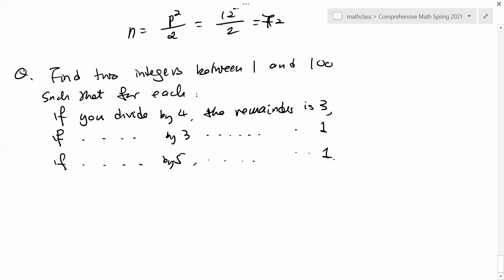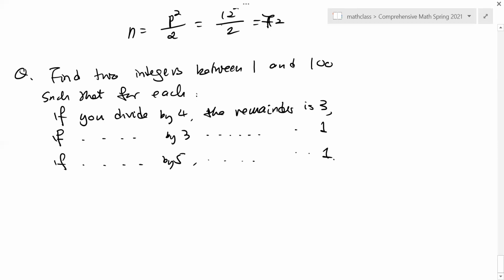What is the first condition? Find the two integers between 1 and 100 that satisfy. There are only two integers, because if there are three integers satisfying these three conditions, then the problem would be wrong, right?